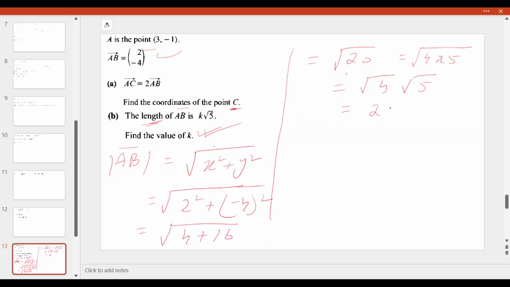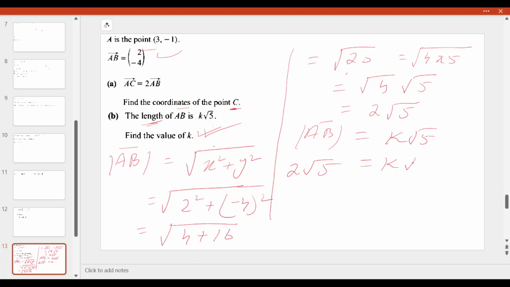We know that under root 4 is equal to 2, and this is under root 5, and we are given that the length of AB is equal to k times under root 5. This is the length or magnitude of vector AB, which is 2 under root 5.